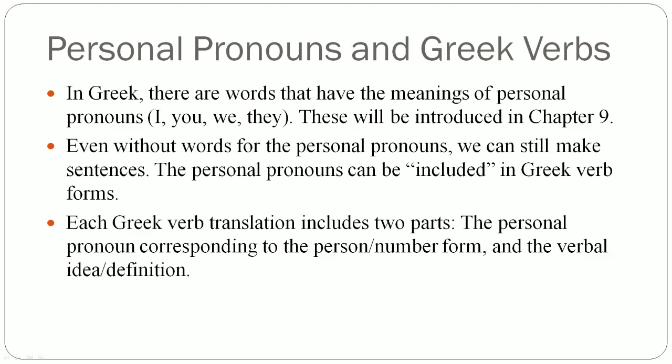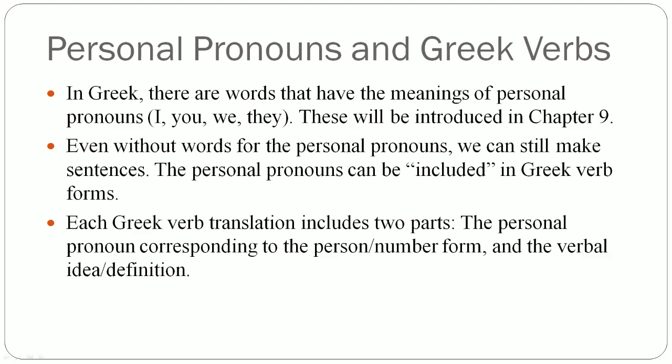Well, I've put here each Greek verb, when you go to translate into English, okay, the Greek verbal idea includes two parts. Okay, it has the idea of the action or state of being, lead, go, walk, jump.